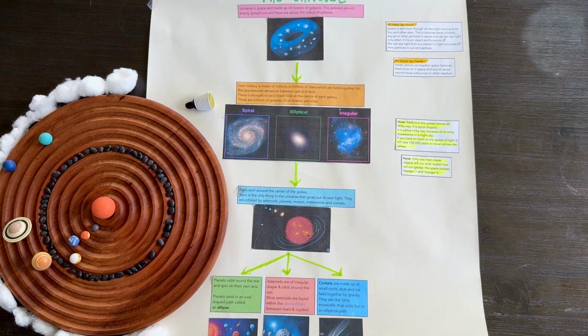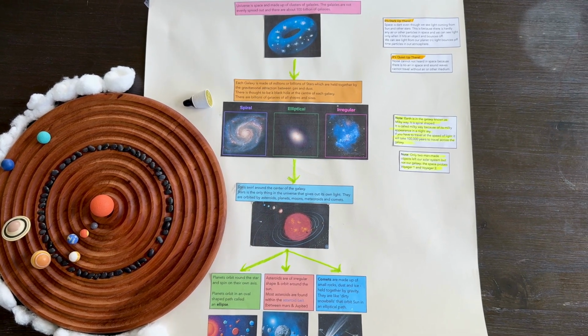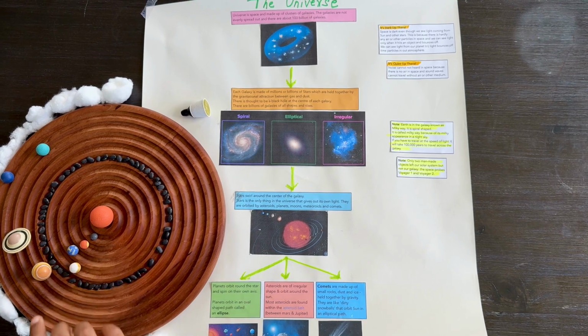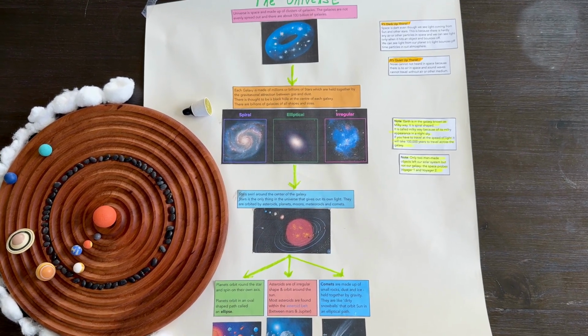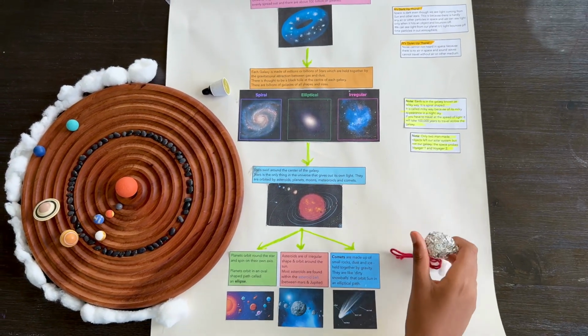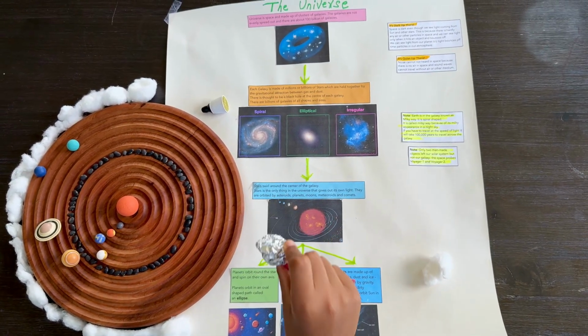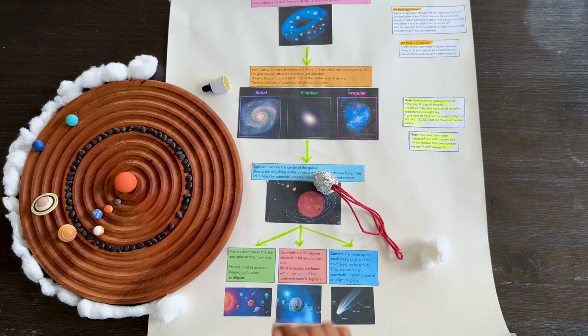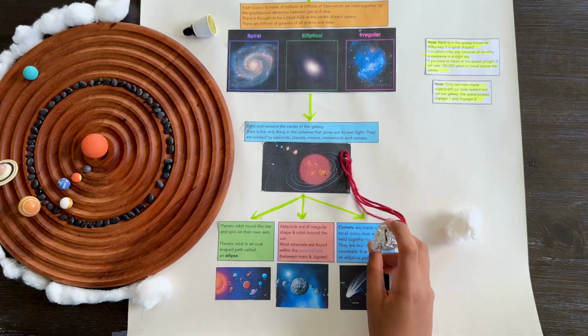The broken pieces of an asteroid are called meteors, and they're able to come hit the Earth, but most of the time they're burned because of the Earth's atmosphere. So now let's talk about comets. This is a homemade comet, but a real comet is made out of gas, ice, dust, and rocks. This top part is a nucleus.